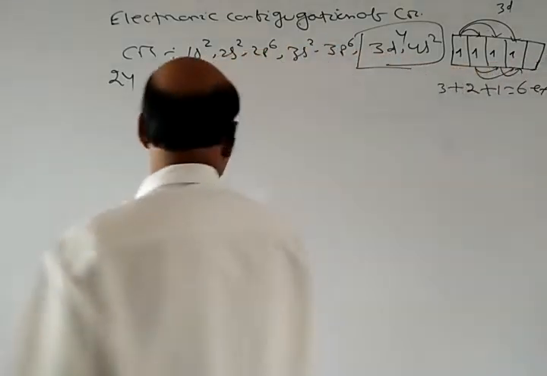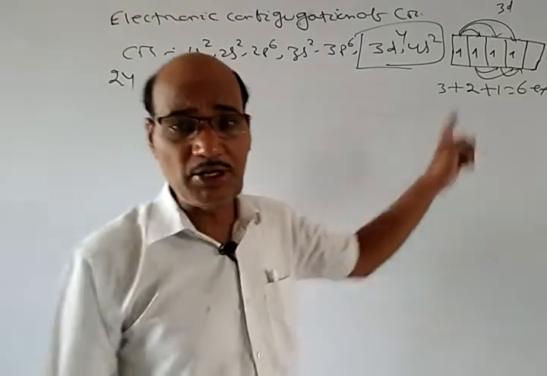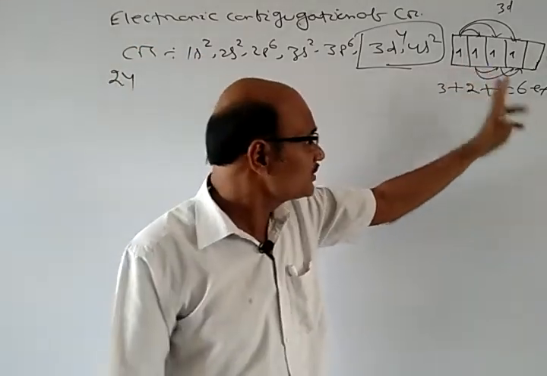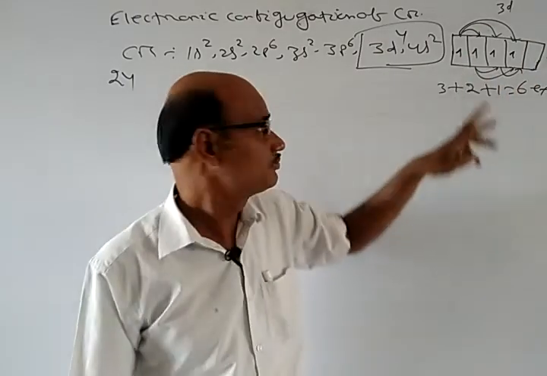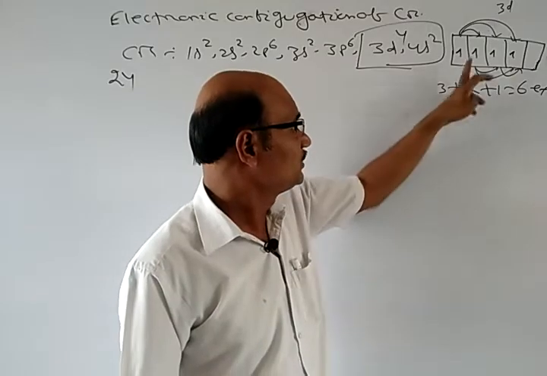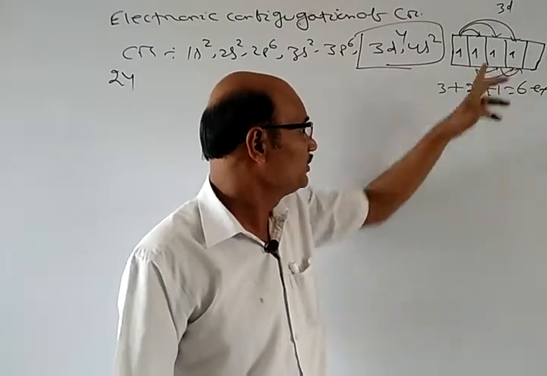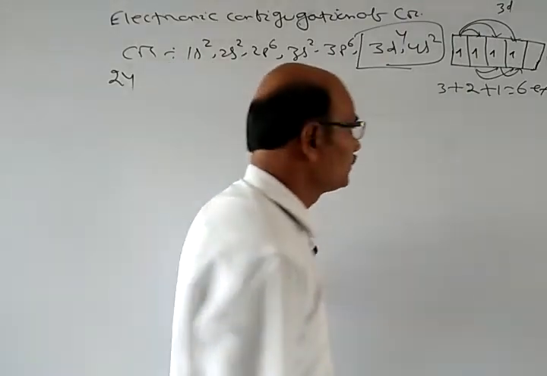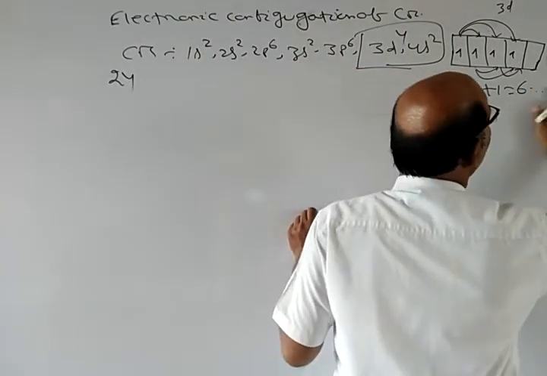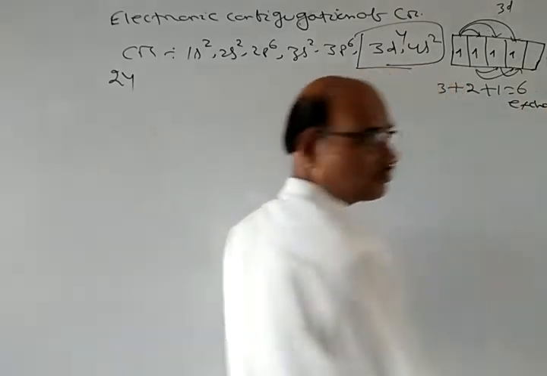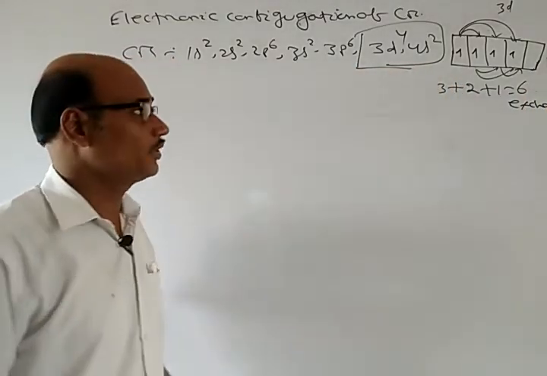So if we have the electronic configuration of 3d4, it can go for 6 exchanges. This to this, this to this, this to this, number 3, this to this, 5, this one, 6. So 6 exchanges are possible.